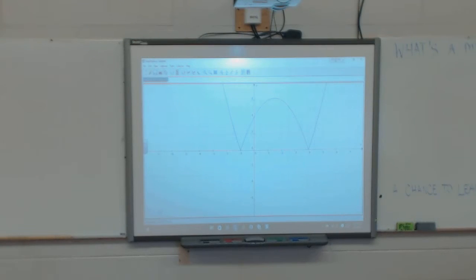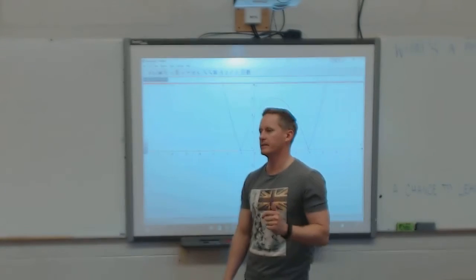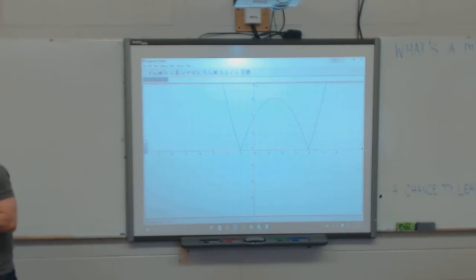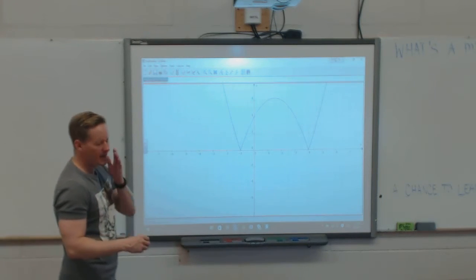Here, use this one. Okay, so change your window first to minus 10, 10, 1, minus 10, 10, 1. Okay? Then go y equals.